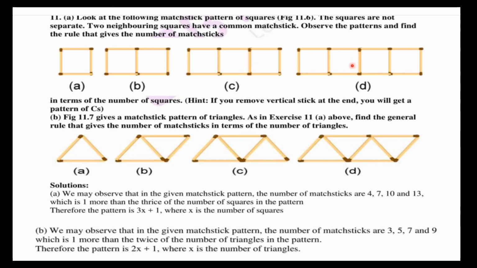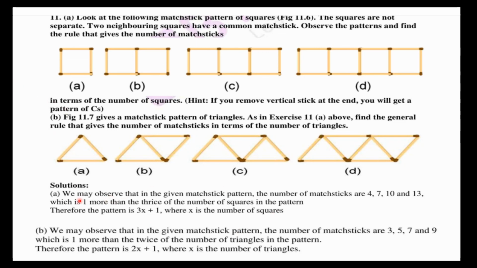For 4 squares, 4 into 3 plus 1 is 13. So the pattern is like this. Okay. You can also write it in the form of a table: number of squares, number of matchsticks. 1 square, 4 matchsticks; 2 squares, 7 matchsticks; 3 squares, 10 matchsticks; 4 squares, 13 matchsticks. So you have to observe the pattern and write 3x plus 1, or you can write it in this manner also.